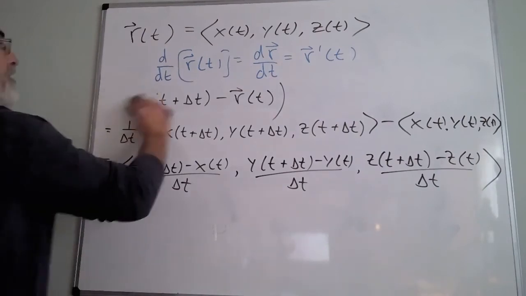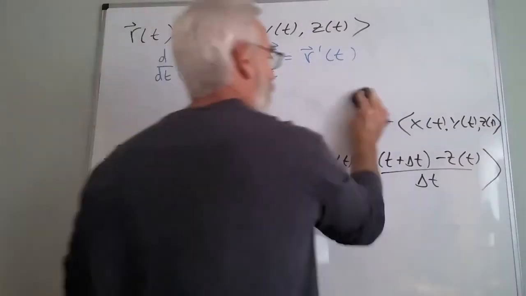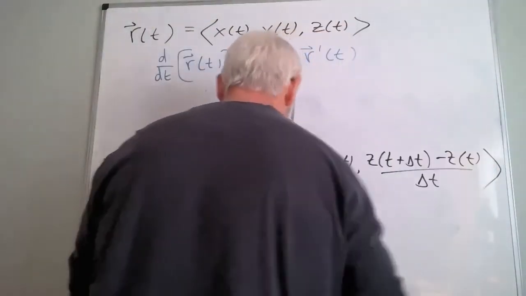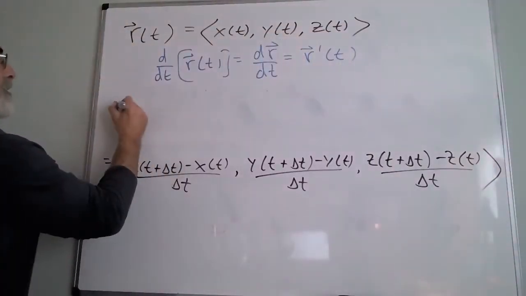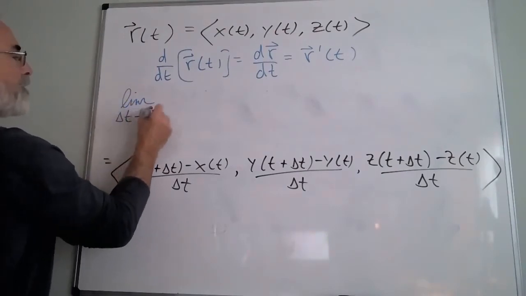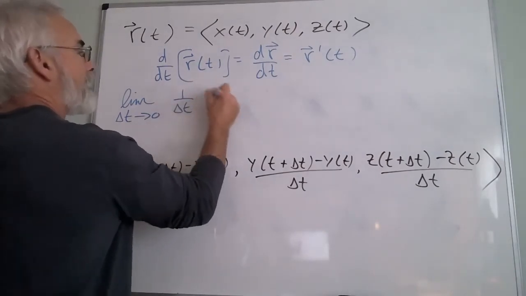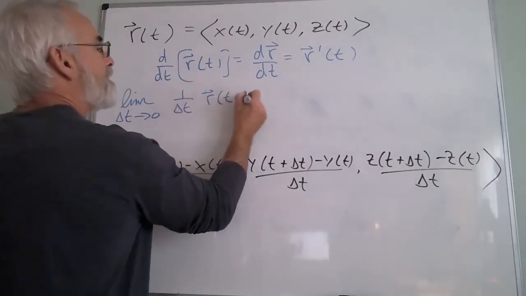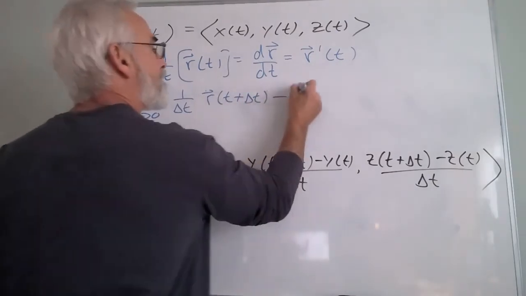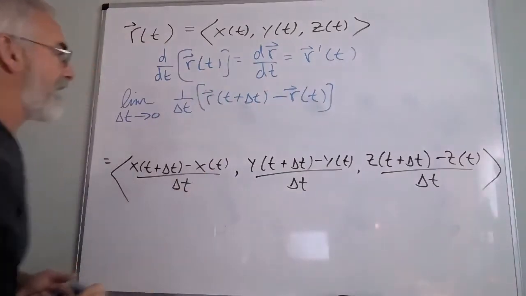So based on what we just said a moment ago in terms of what a limit is, we're going to define this to be the limit as delta t approaches 0 of 1 over delta t times r of t plus delta t minus r of t, okay?